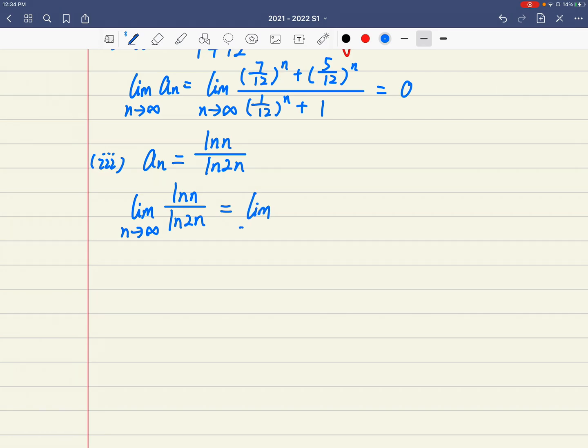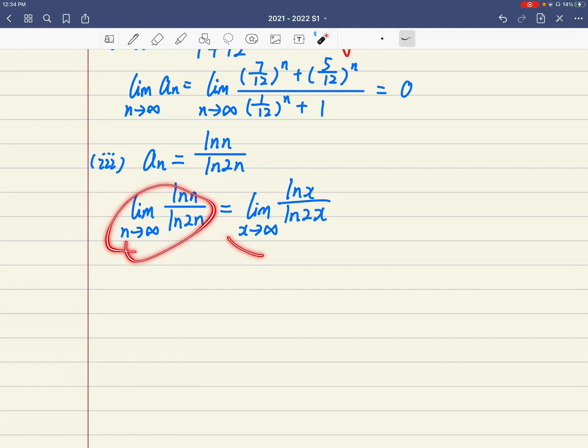But before L'Hopital's rule, we should change this limit of the sequence to the limit of a function. Why do we need this step? Because these two look like the same thing, but when you apply L'Hopital's rule, we can only apply it to a continuous function.